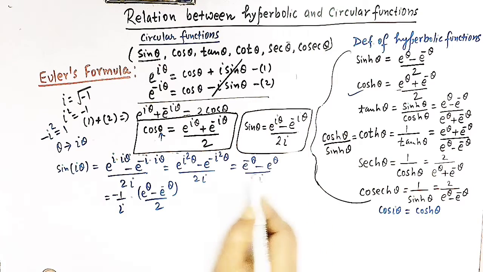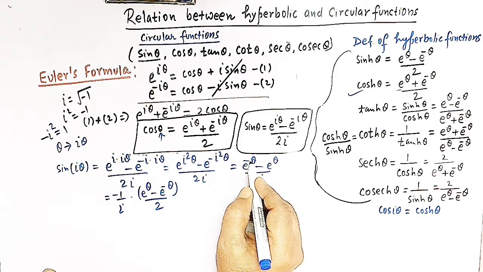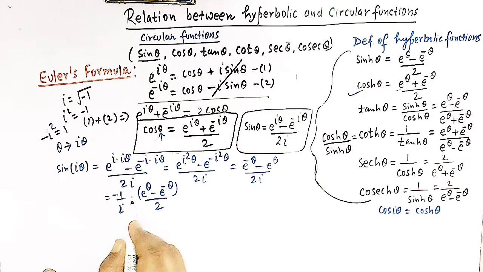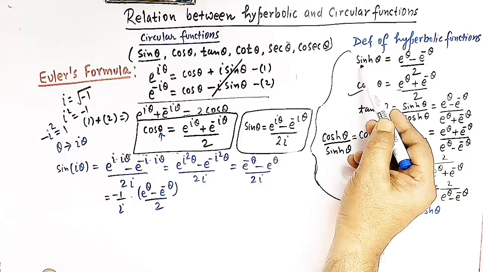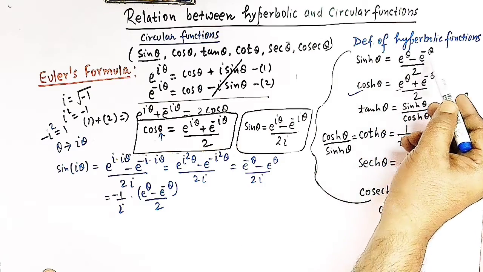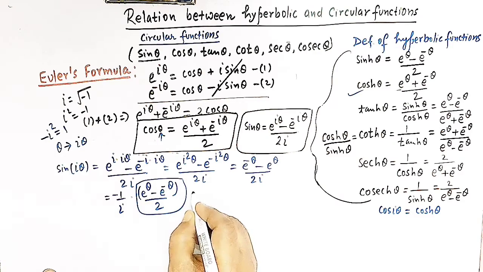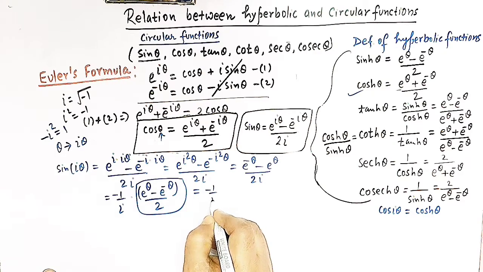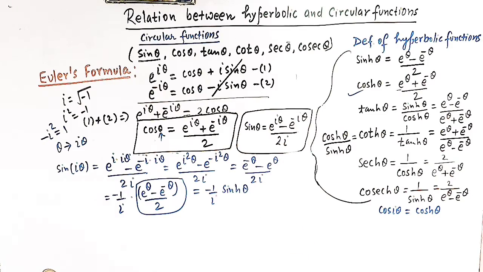So we have here e raised to theta minus e raised to minus theta over 2 multiplied with this factor minus 1 over iota, right? And here from the definition of hyperbolic sine of theta, we have e raised to theta minus e raised to minus theta over 2. So this expression can now be replaced by hyperbolic sine of theta, right?